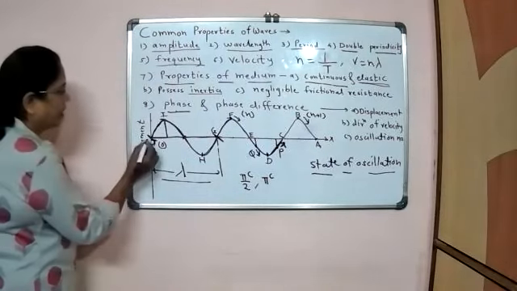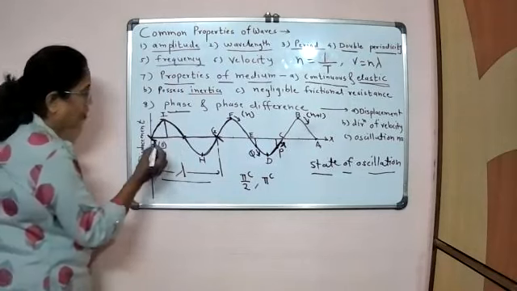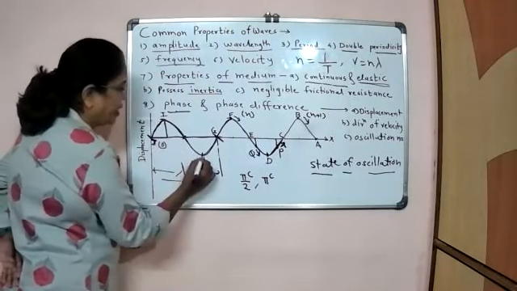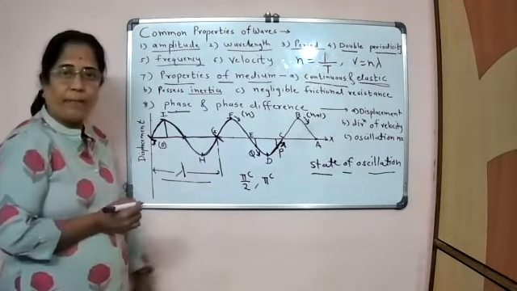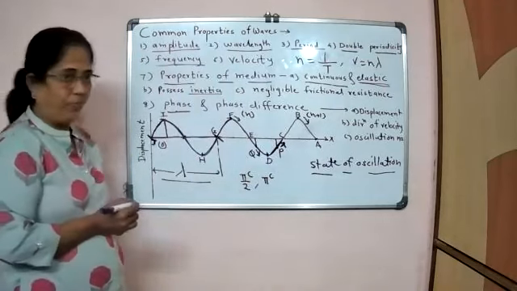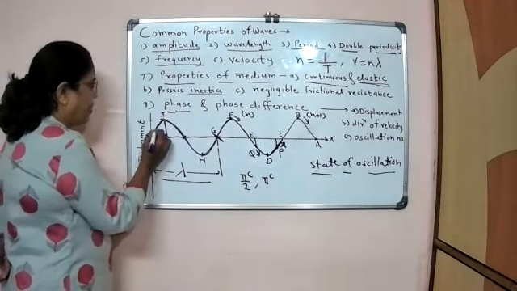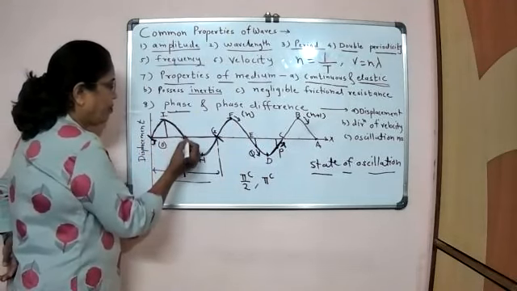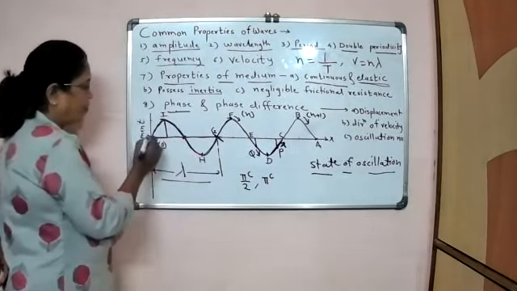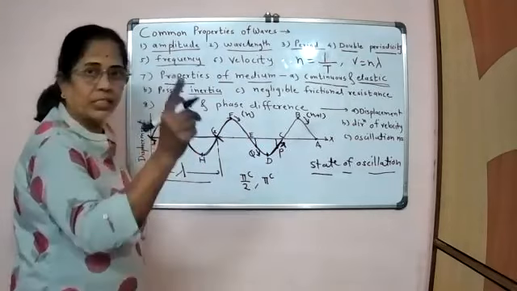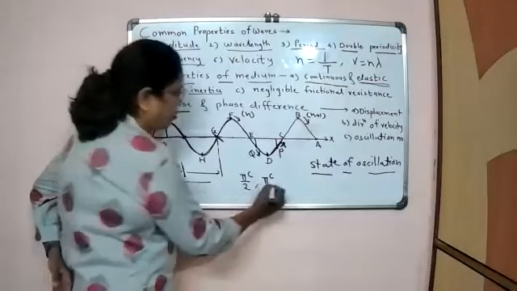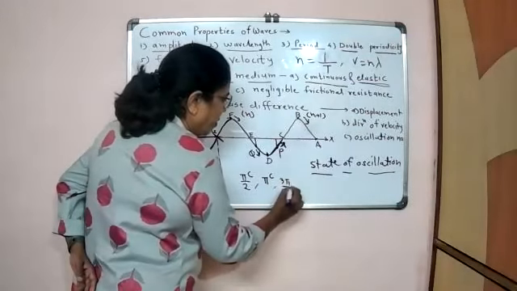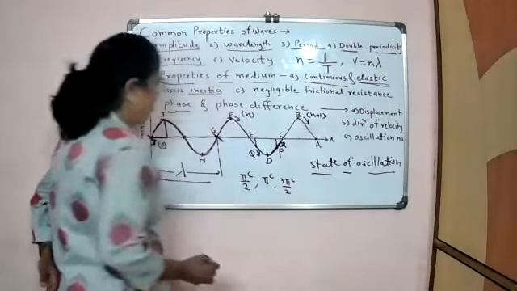नाउ नेक्स्ट फेज डिफरन्स J आणि H मधला किती होणार आहे बघूया आपण. pi by 2 plus pi by 2 plus pi by 2, सो 3 pi by 2 radian.